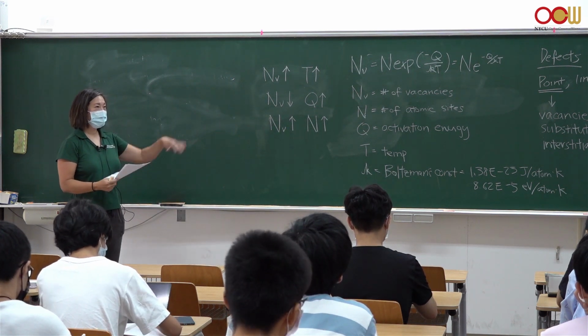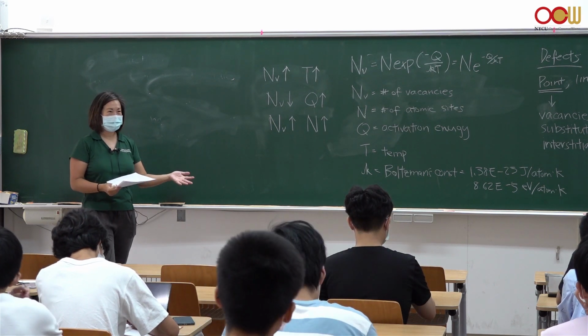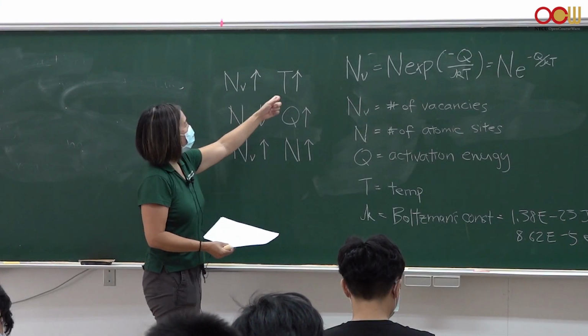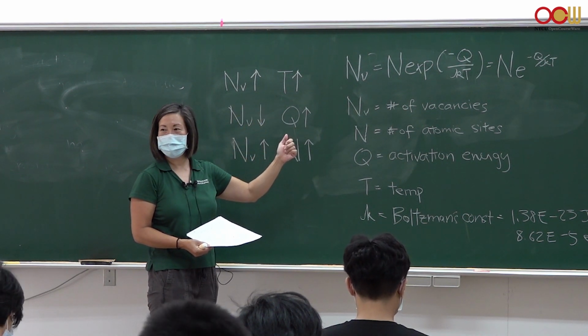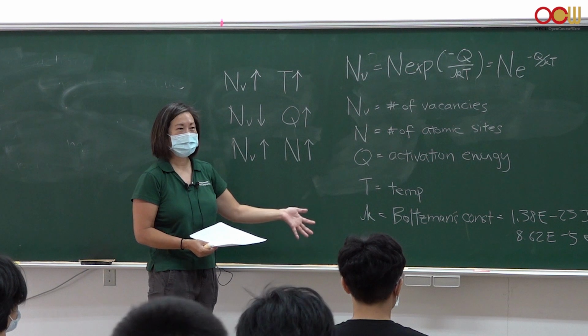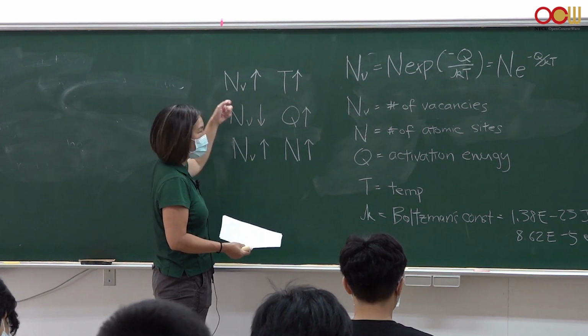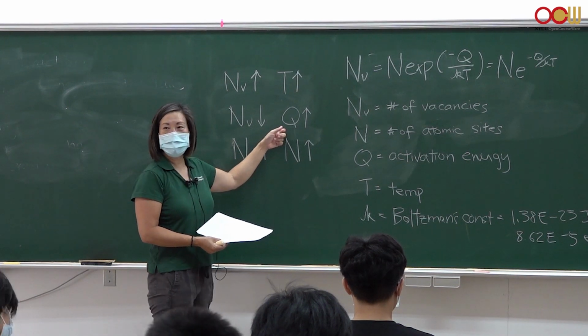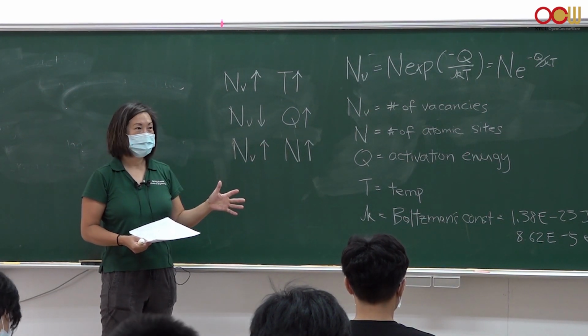Okay, that's by looking at the equation, but thinking about it, hopefully it makes sense, right? The more energy you give a system, the more likely or probable you will have atoms that have enough energy to leave or to break the bond, so you should have more vacancies. If you were able to increase the activation energy, you're making it more difficult.